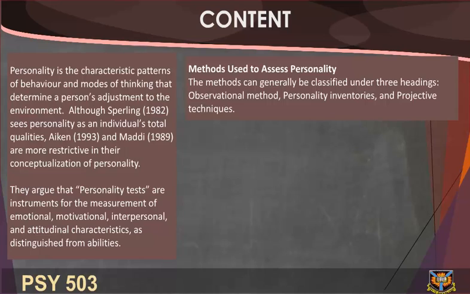Content. Personality is the characteristic patterns of behavior and modes of thinking that determine a person's adjustment to the environment. Although Spanning, 1982, sees personality as an individual's total qualities, Aiken, 1993, and Maddy, 1989, are more restrictive in their conceptualization of personality.